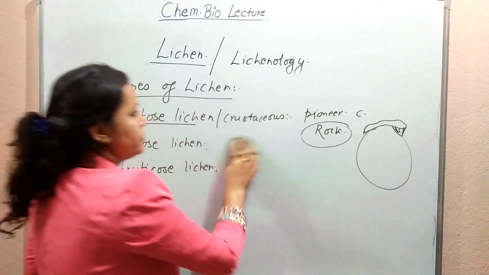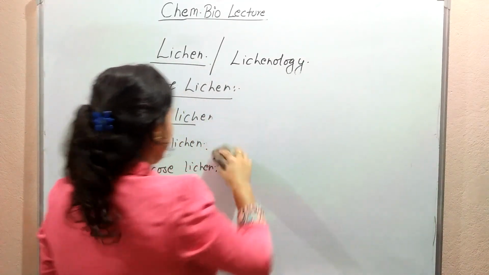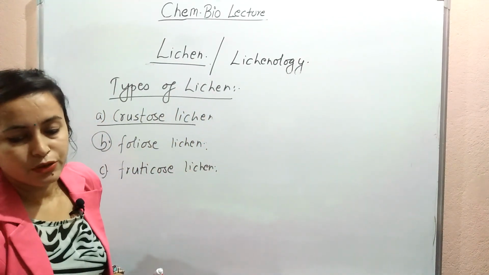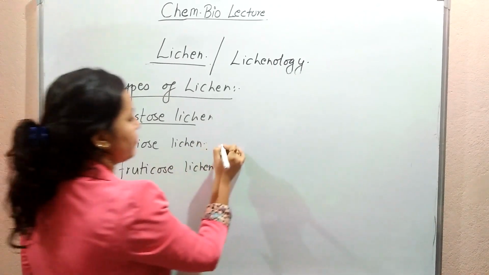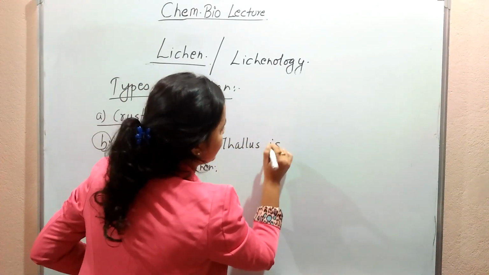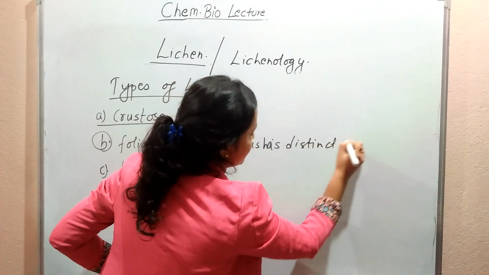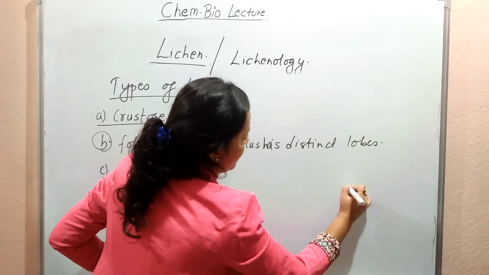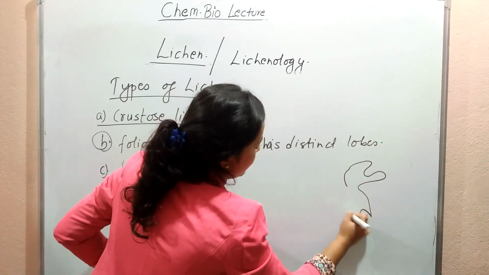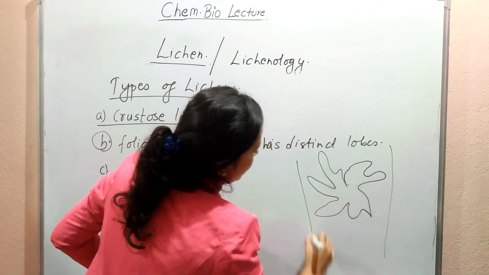Now let's move on to the foliose lichen. What does foliose lichen mean? The foliose lichens have a thallus with distinct lobes. If I draw the structure like this, this is how the thallus of a lichen looks on the surface of a tree.